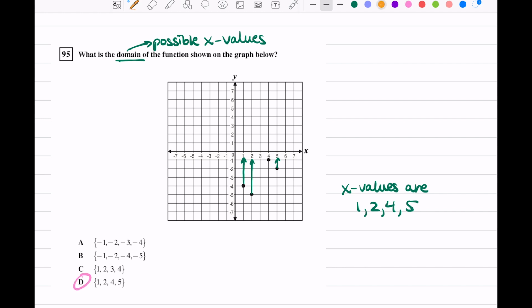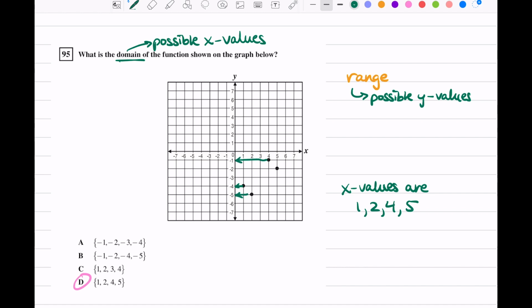Another important word to know is range. Domain is the possible x values, and range is the possible y values. So looking at our graph, our first point has a y value of -4. Our second point has a y value of -5.